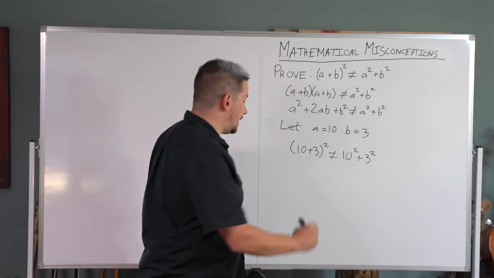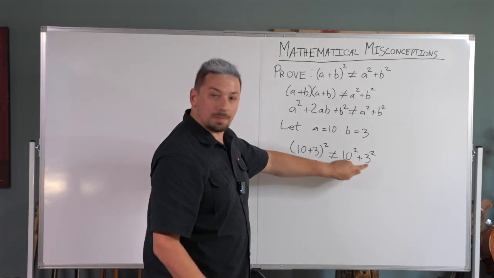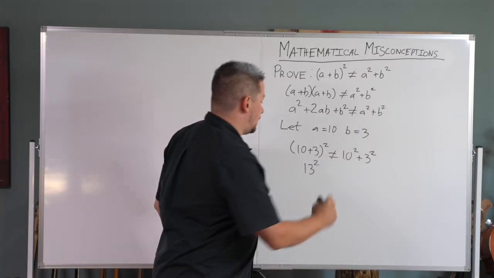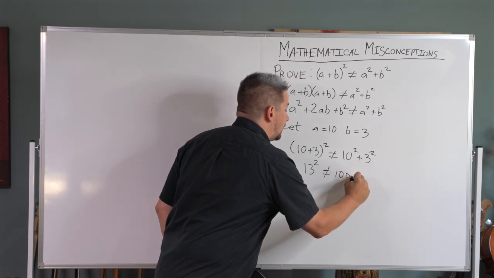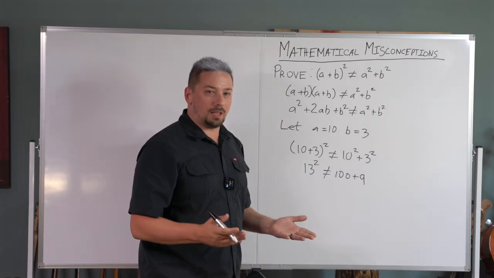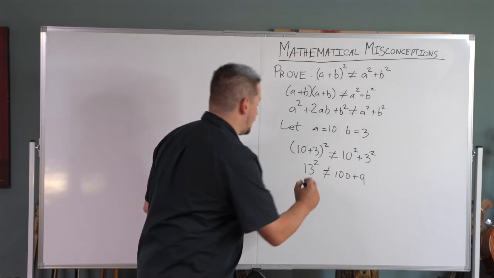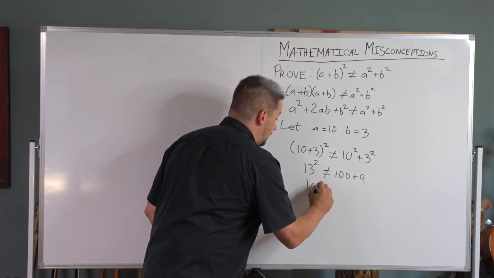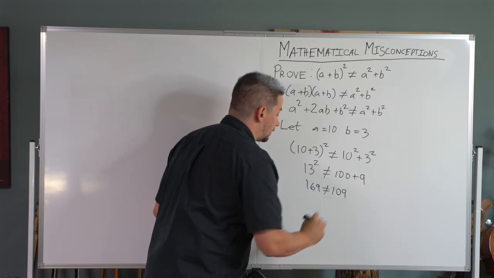So 10 plus 3 is 13 squared. And now we can apply our squares on the right-hand side. It cannot equal 10 times 10 is 100, and then 3 times 3 is 9. And if you know your multiplication tables, or if you've done this enough times, you'll know that 13 times 13 is in fact 169, which does not equal 109.